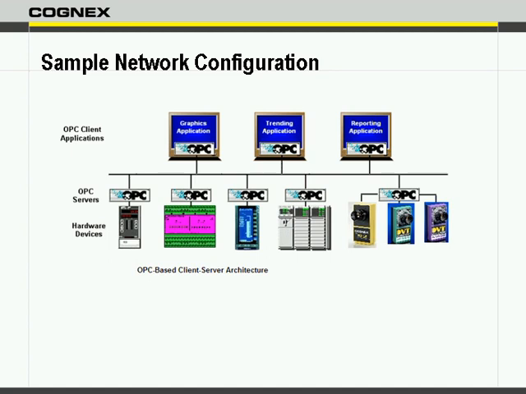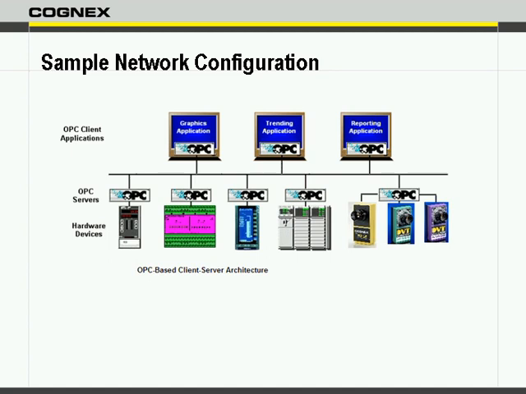Let's say you're updating or upgrading your computers on your network. Well, you can take that configuration file with you and save it into the new computer that will act as a server and where the OPC server will be running. And that way it's kind of a painless translation.